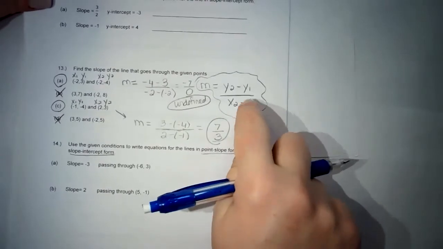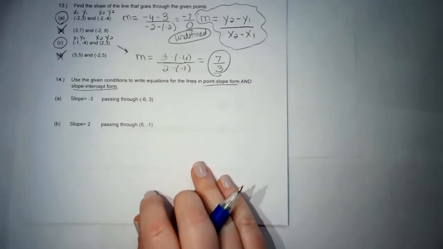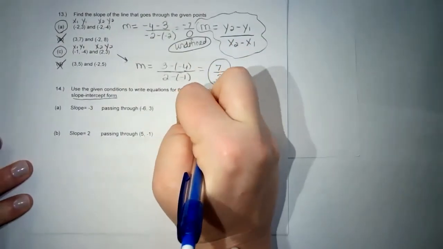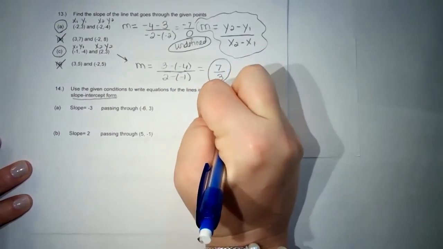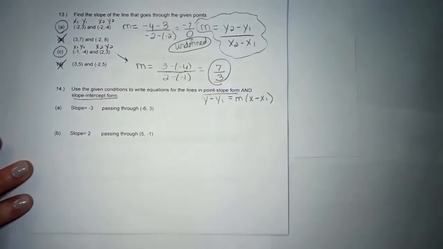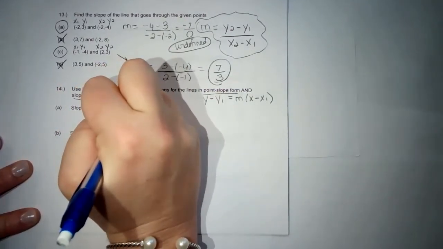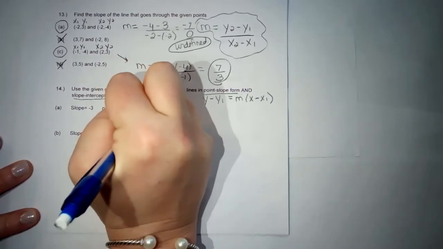Now point slope form we're going to have to remember. It's y minus y1 equals m times x minus x1. That's point slope form. You guys are pretty good at knowing slope intercept, but it's y equals mx plus b.